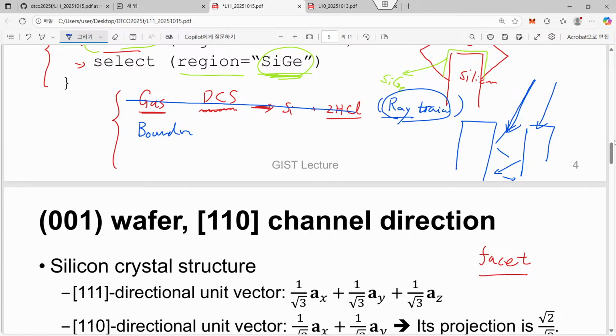And another one is the spatial boundary condition. It means that we have, for example, a 001 wafer surface. Then if we have an infinitely large surface without any hardware generated by, for example, silicon dioxide or silicon nitride, then what will happen? Or let's say that this length scale is too long, like several hundred micrometers.